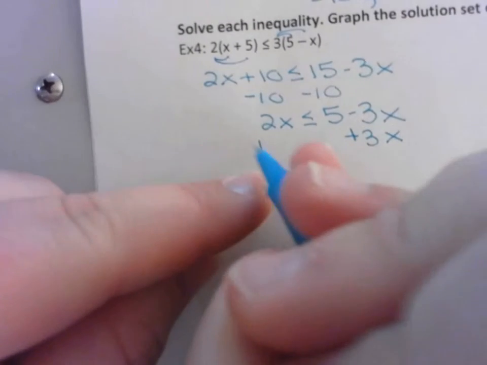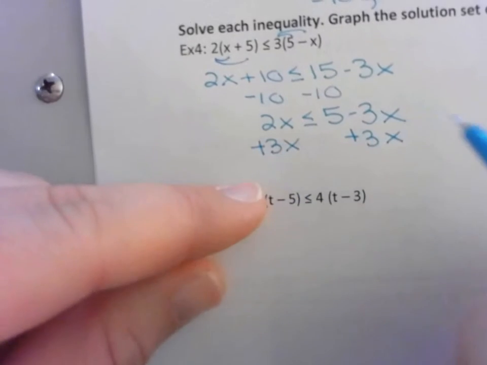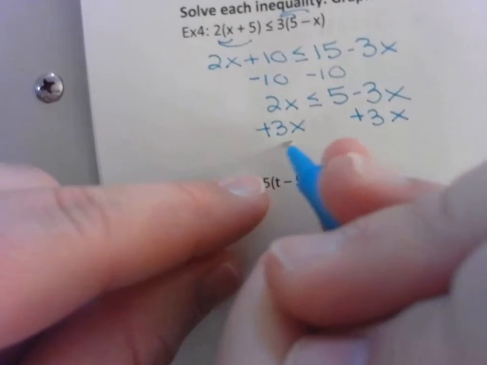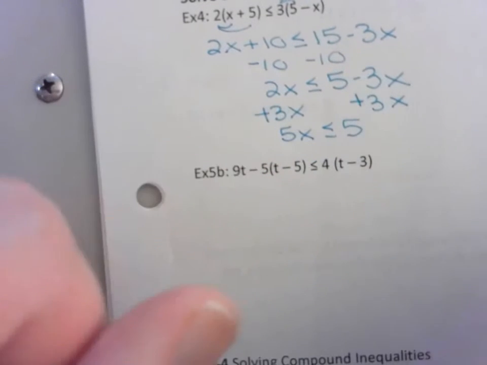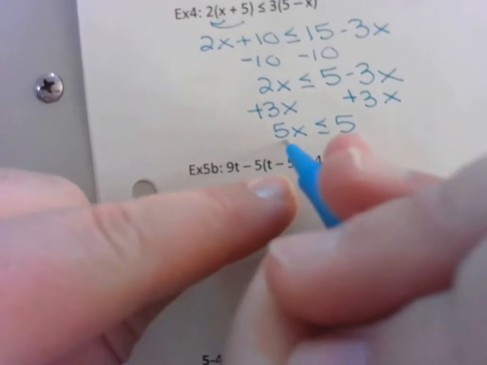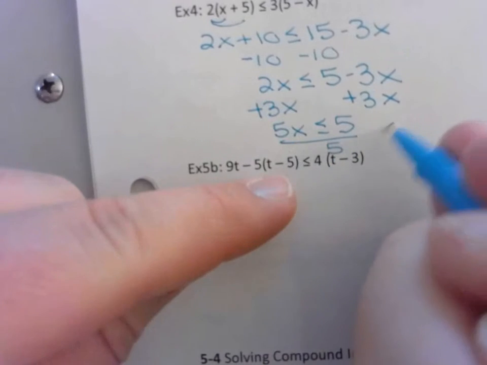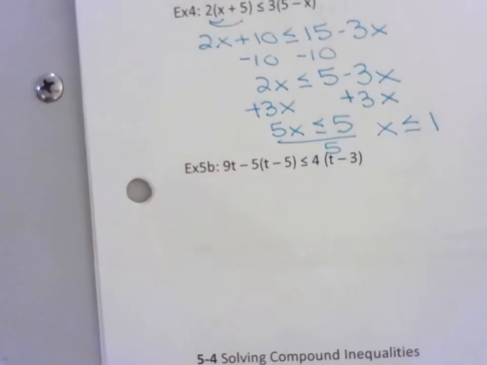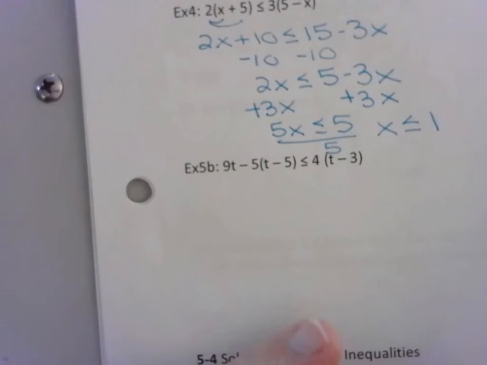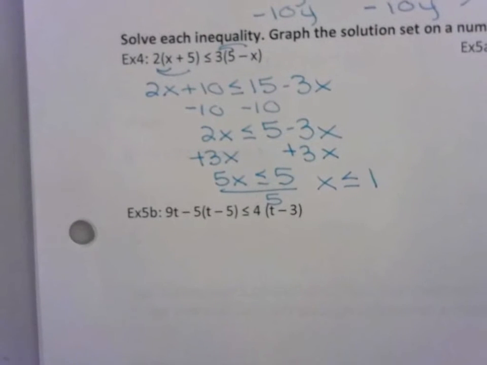Get your x's together. So 2x plus 3x is less than or equal to 5. Divide by 5. I don't switch the symbol because I'm dividing by a positive 5. So x is less than or equal to 1. You've done it before, just not with inequalities.